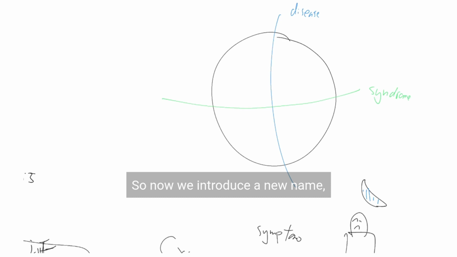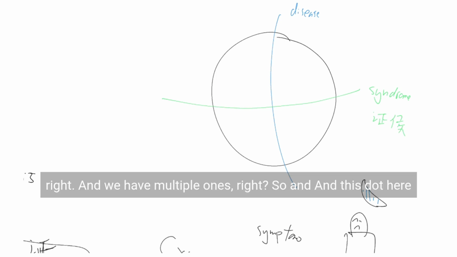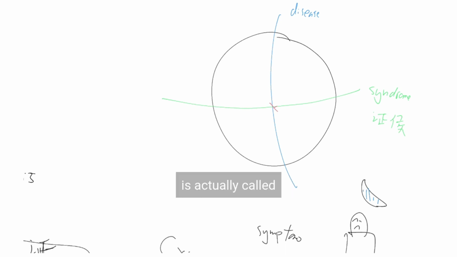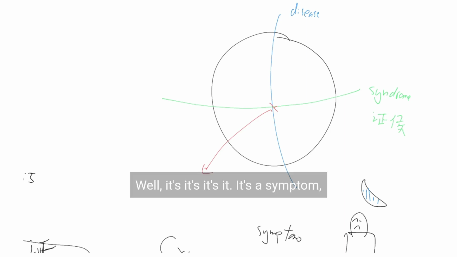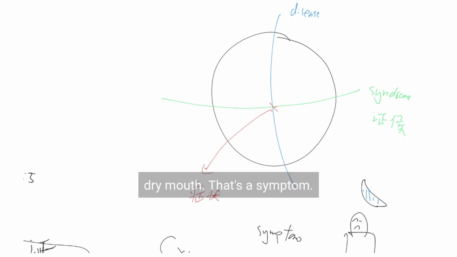So now we introduce a new name, a syndrome. We have multiple ones, and this dot here is called a symptom. Like you feel headache, dry mouth, that's a symptom.